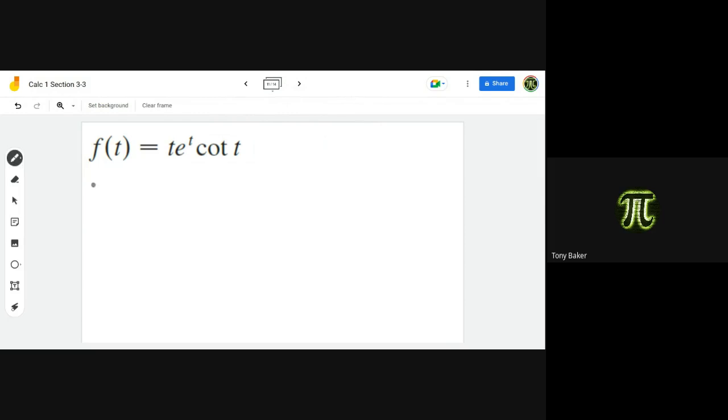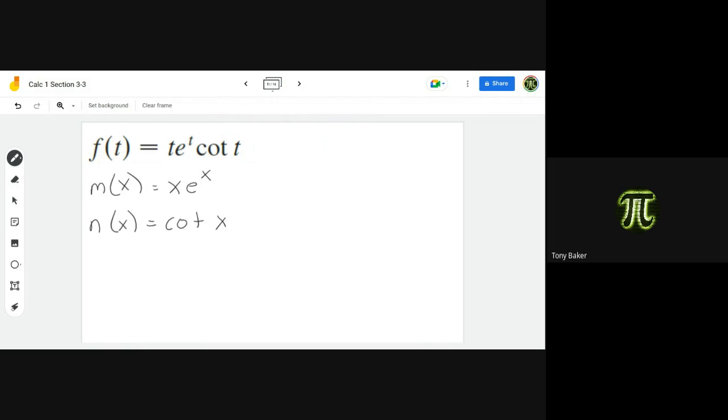So let's make this t e to the t. And n of t is cotangent of t. All right, I'm changing these to x's. I'm not writing all these t's. All right.